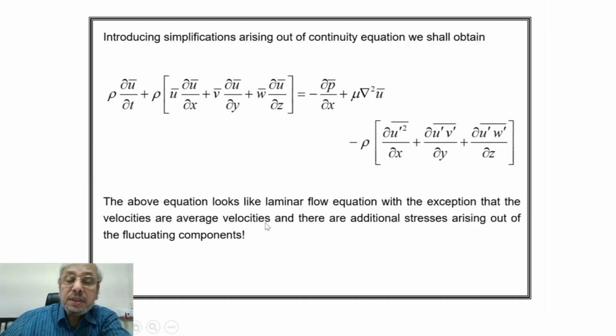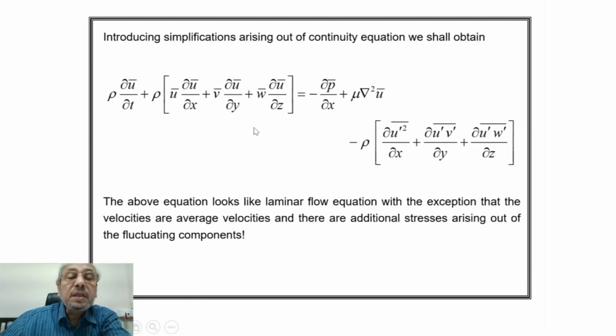This equation looks like the laminar flow equation, with the exception that the velocities are average velocities and there are additional stresses arising out of the fluctuating components. If you consider our x direction momentum equation for laminar flows, this term is there, only we are writing u as u bar.